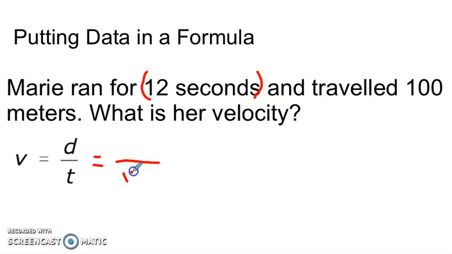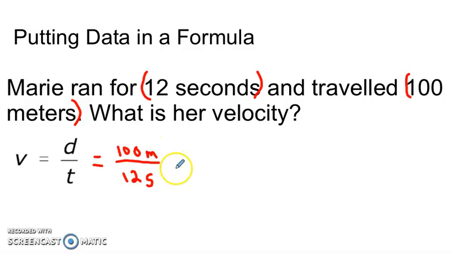So I will put 12 underneath the fraction symbol where it goes, and I've got to make sure to put the unit. 12 seconds. So what is left is 100 meters, which, as you can see, a meter is a length or distance. So you have 100, and don't forget to put the meters.